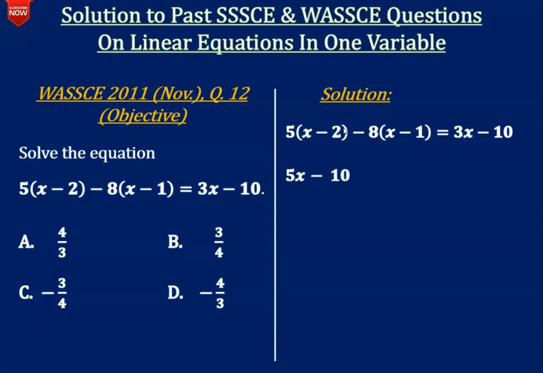And for the second bracket, we have negative 8 times x to be negative 8x and negative 8 times negative 1 to be 8. This is equal to 3x minus 10.